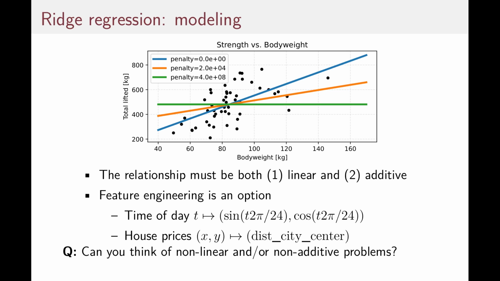So in Ridge, the relationship must be linear and additive. By linear, I mean it's linear in the engineered features. We can still engineer some features. By additive, I mean that we have to add the effects of individual features up to get the result.